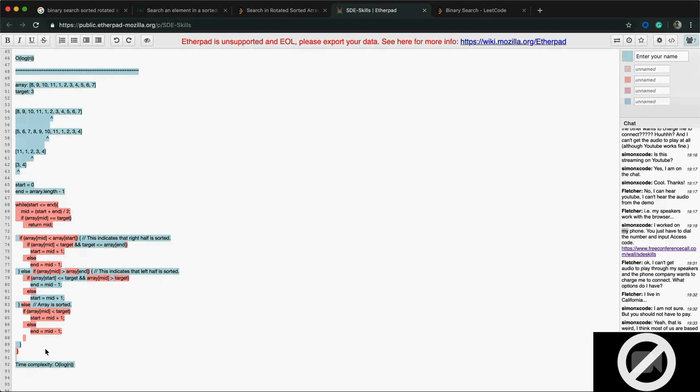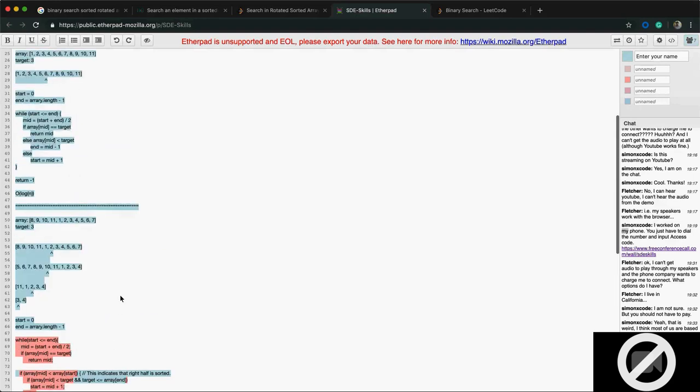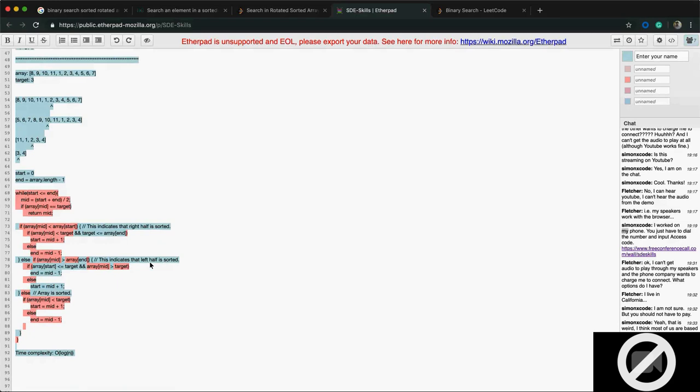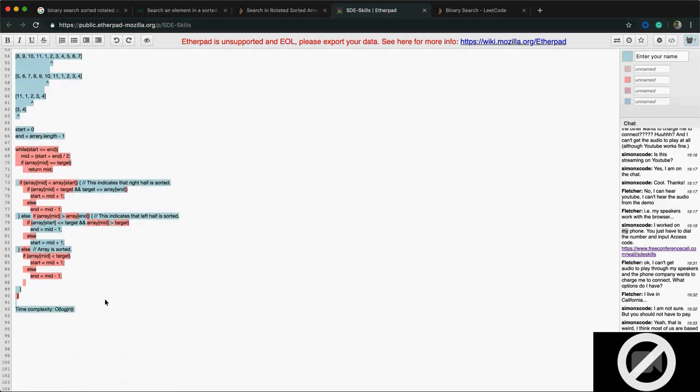That should still be log n because we are still applying binary search and discarding half the elements at a time. I don't have good examples today that I can show, so if someone wants to come up with examples.